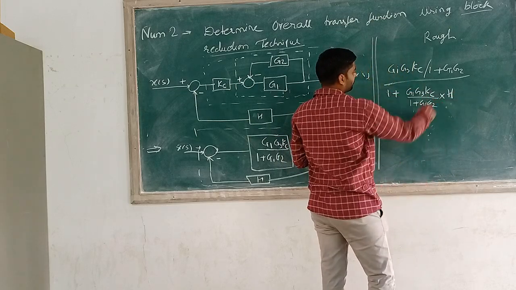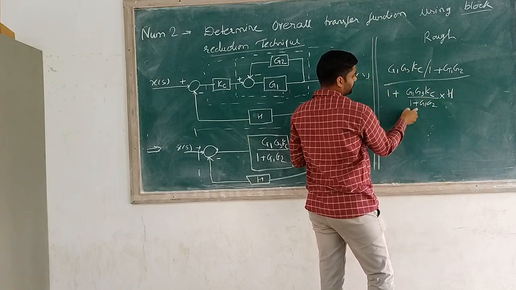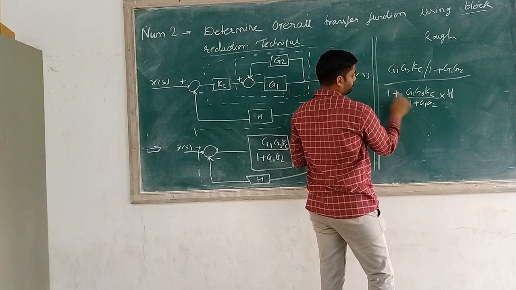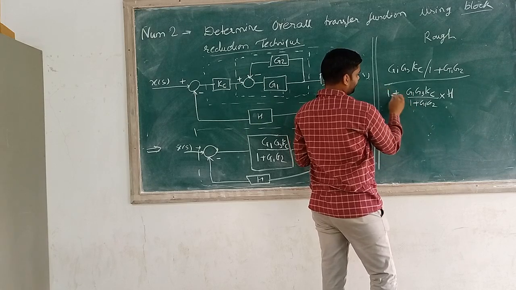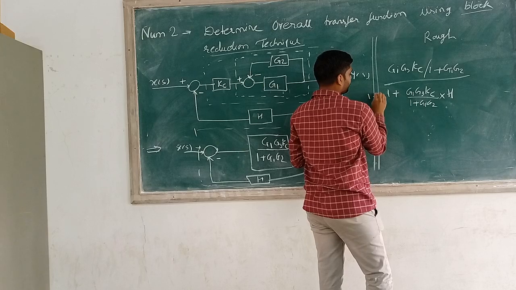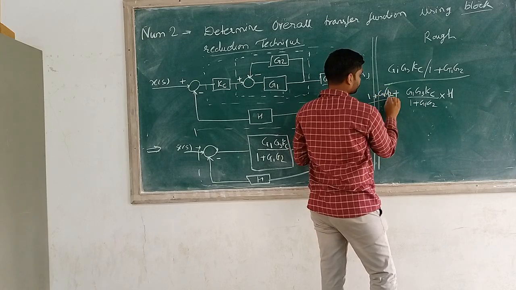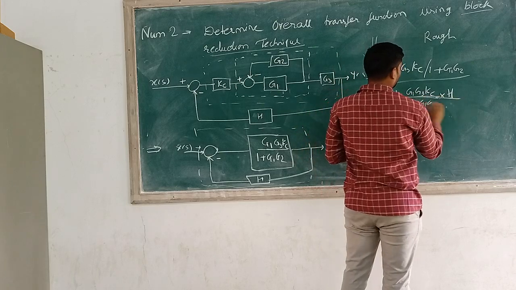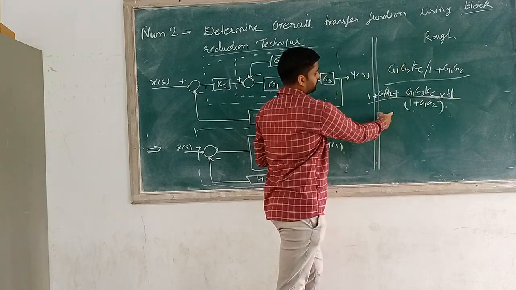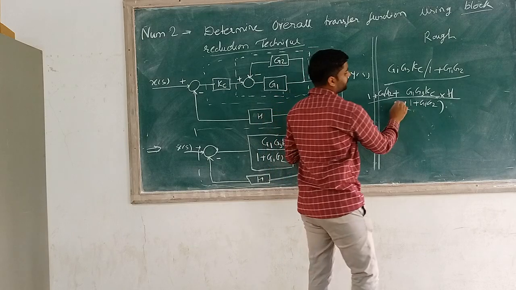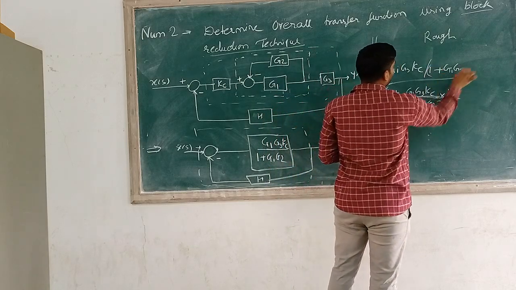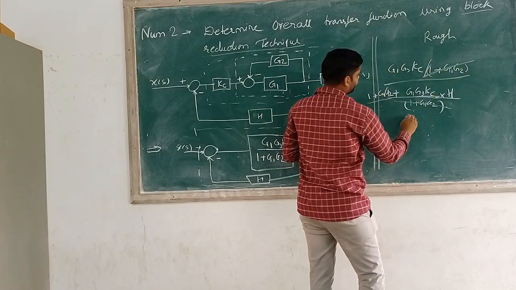Okay. So how can we solve this by simply cross multiplying here. Here it will be produced as 1 plus G1 G2, and this 1 plus G1 G2 gets cancelled. What will we have?